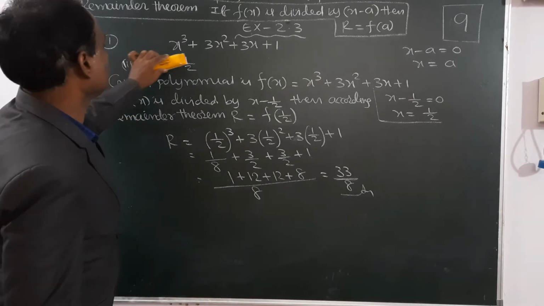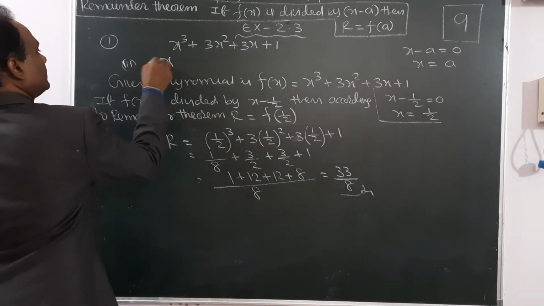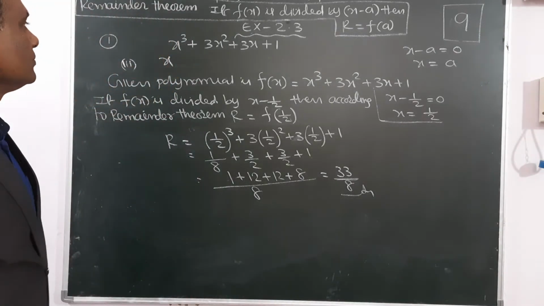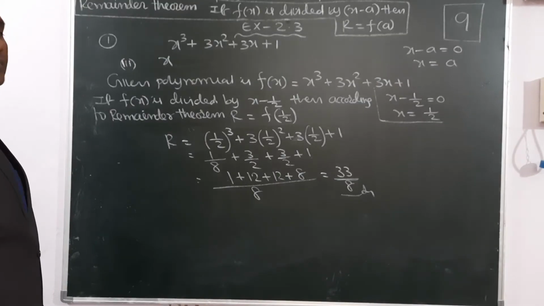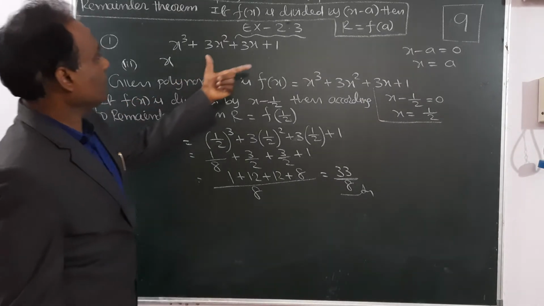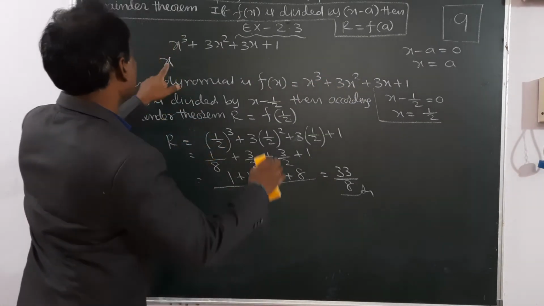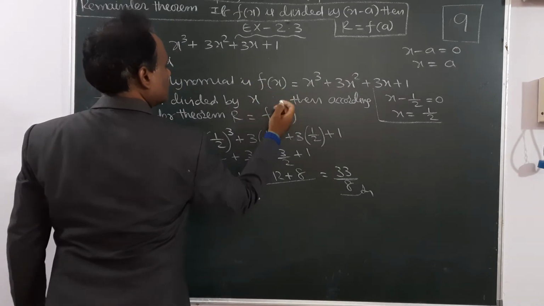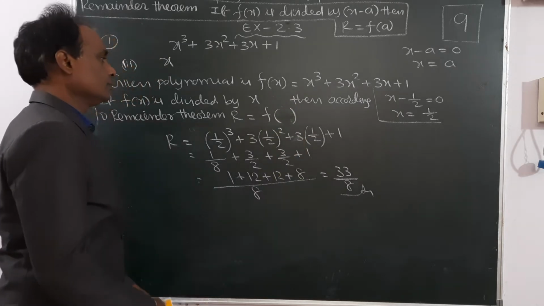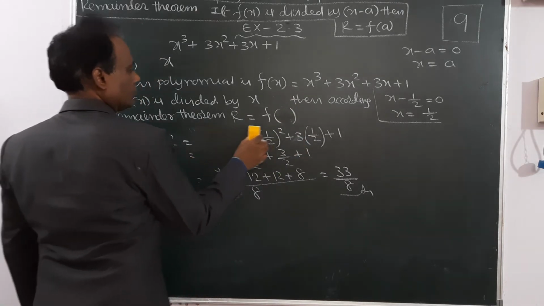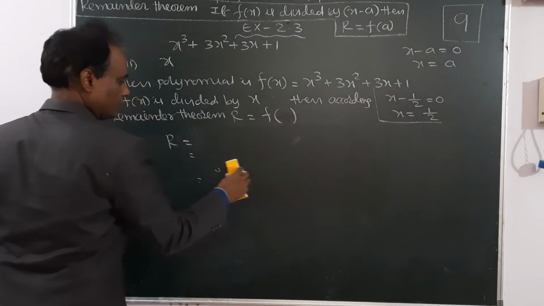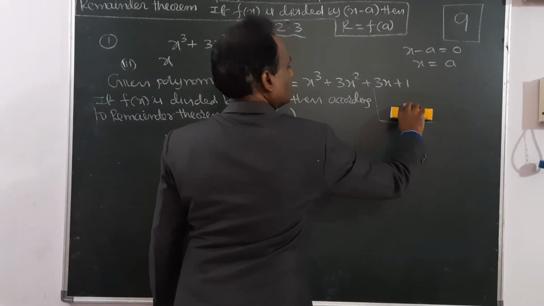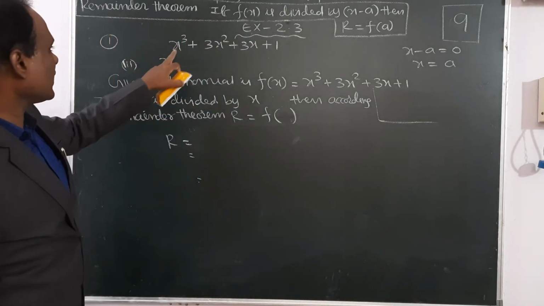Third bit, x. Given polynomial divided by what? X. What is the divisor?